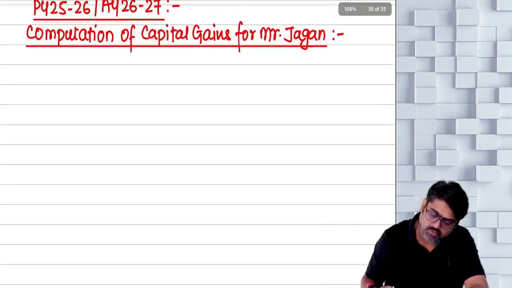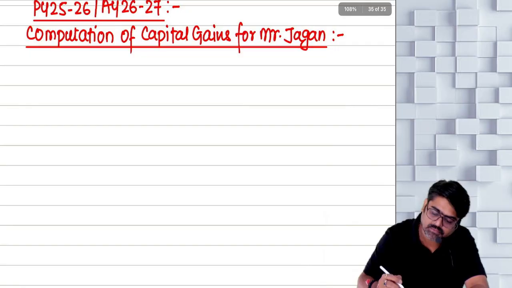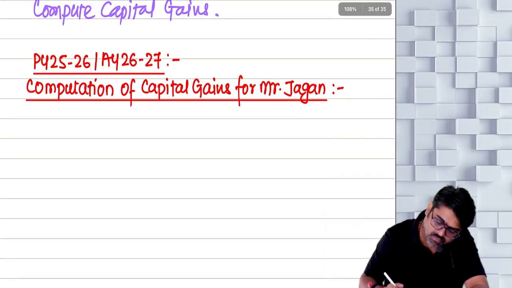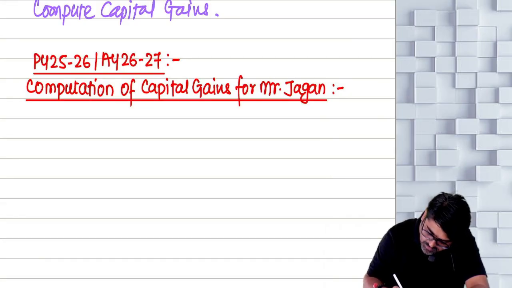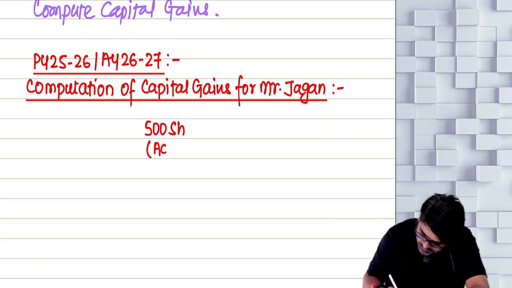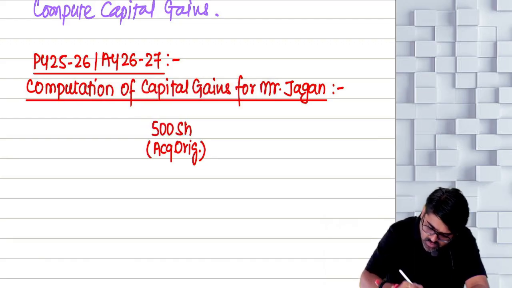So tell me, which type of shares Jagan is having? Acquired shares. How many shares were acquired? 500. So can I say 500 shares which were acquired by him, acquired originally.